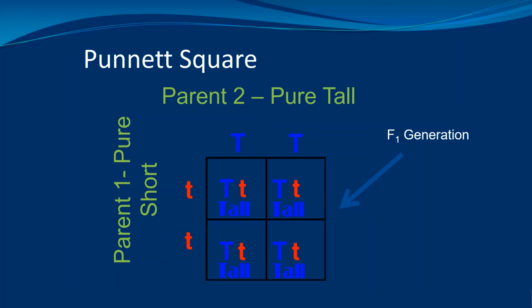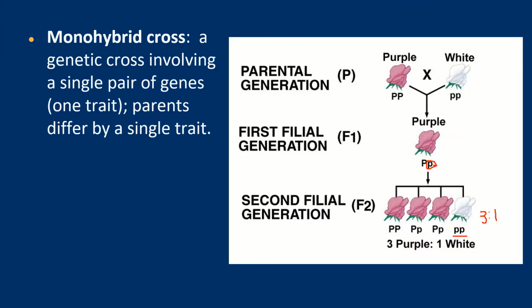For example, Mendel crossed a pure tall plant with a pure short plant, and it gives us the first filial generation with all tall plants. This shows the effect of the dominant tall allele over the recessive short allele. Mendel cross-bred plants that differed for a given character, for example, the color of the flower.